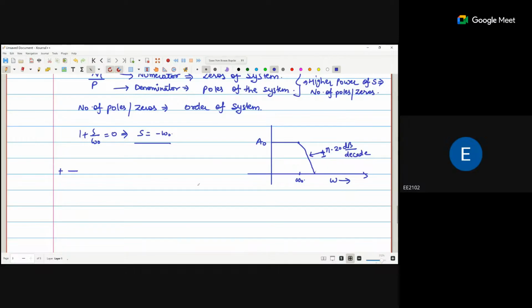Plus represents zeros and minus represents poles. Okay, n represents the order of the system.